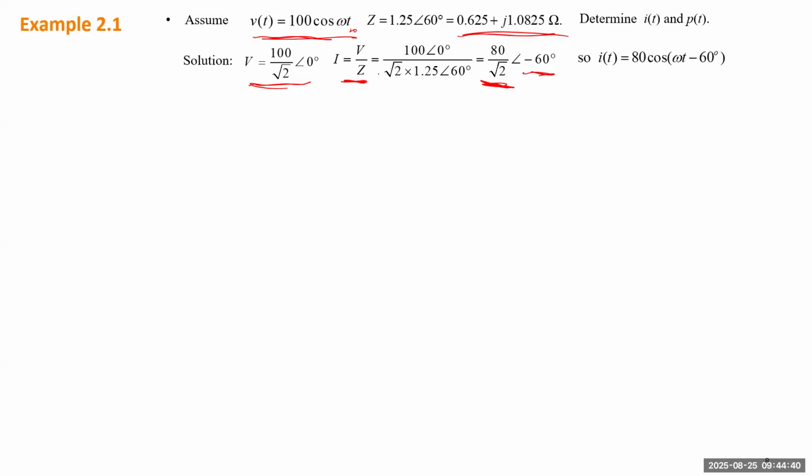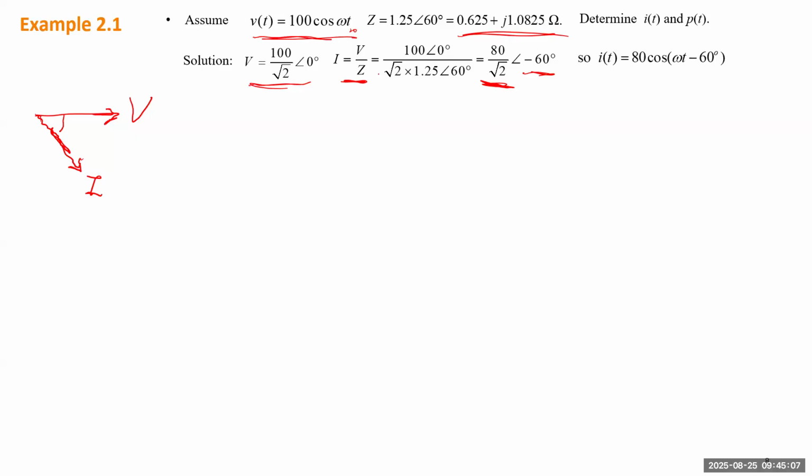60 degrees. So if you have to draw something like this one, I assume this is V with 0 angle, and current is about 80% of the length. This is too small. 60 degree will be something like this one.